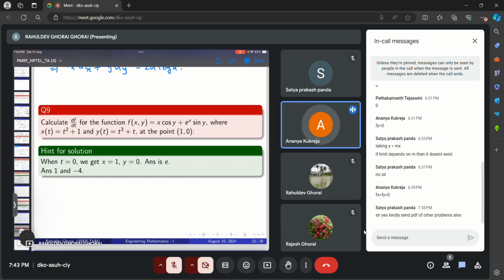Sir, I'm getting only till E. I don't understand how 1 and minus 4 came. You are getting the answer as E, right? So yeah, that's okay, it's a typo. Yes, sir.